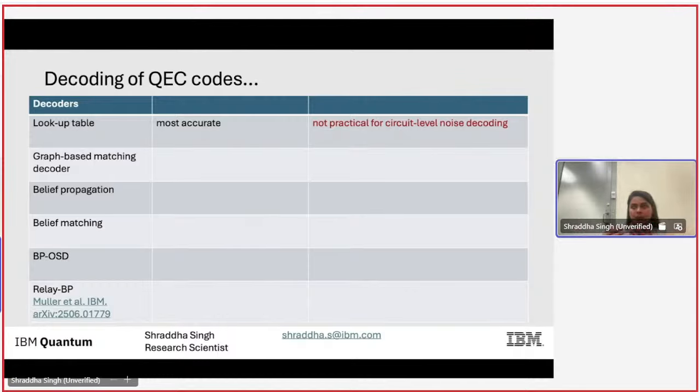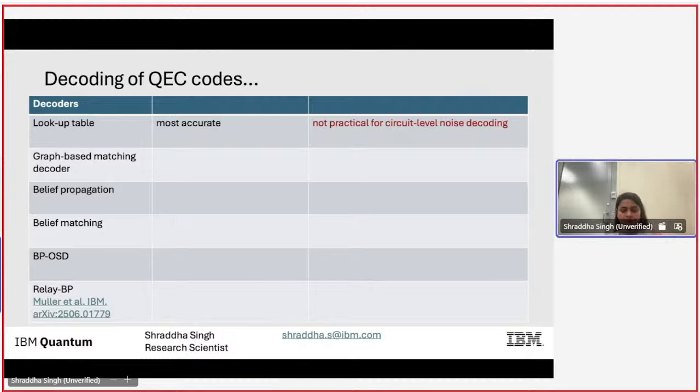You can represent various different errors via the syndromes they might have caused. Depending on which of those error mechanisms occurs with the maximum probability, you choose to believe that error happened and apply the corresponding correction. However, this sort of tracking, like I said, is not very practical for circuit-level noise decoding, that is, when every operation in your circuit has some error.